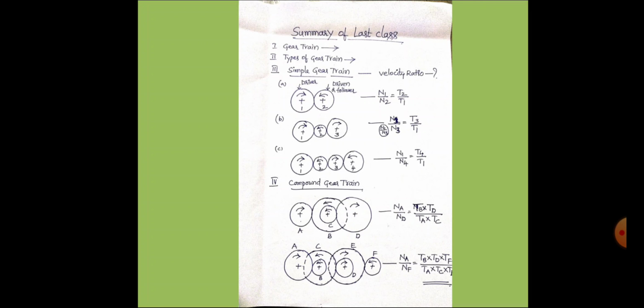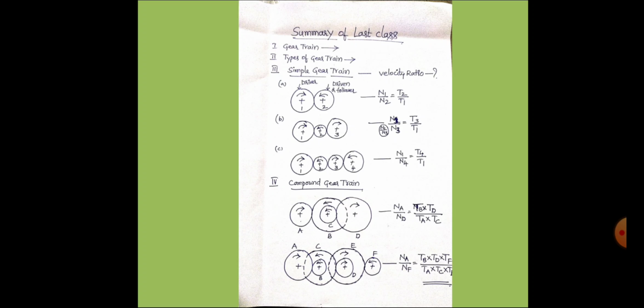So generally in a schematic diagram, we represent the gears simply by means of one circle. Like that here, in the simple gear train in the first figure A, there are two gears which are meshed with each other to transmit power from the shaft 1 or gear 1 to the gear 2.